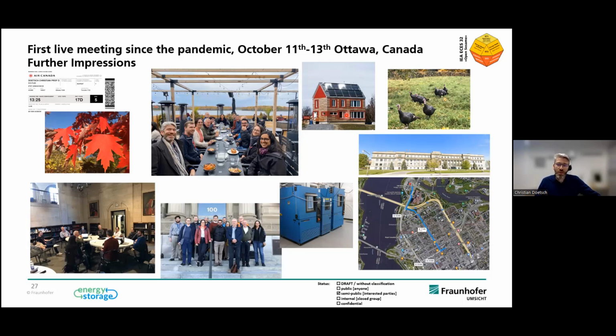It includes a real building with a real seasonal storage underground. And they try to make many experiments with this to learn more about the options of seasonal storages for detached houses.